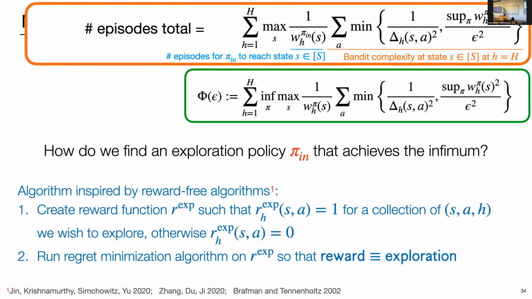Jin uses Euler in a very intelligent way to try to get to rare states. And Zhang does a very nice sort of clustering of states that are easily reachable together. We sort of marry these two algorithms to get our theorem to be able to find this pi in and do it as well as possible. But really, if you're familiar with the R-max algorithm, it's basically inspired by that. That's what this procedure is doing. It's just trying to get to states.